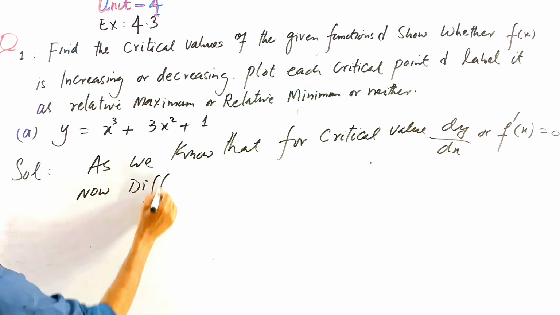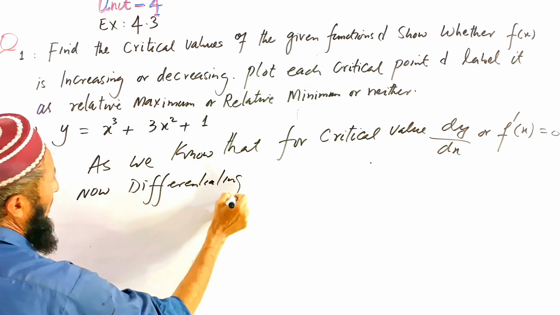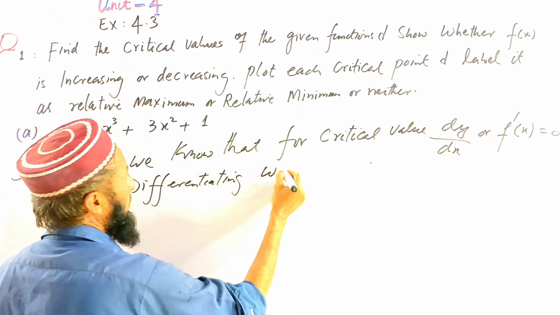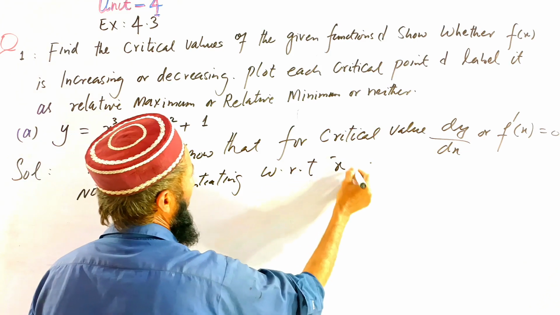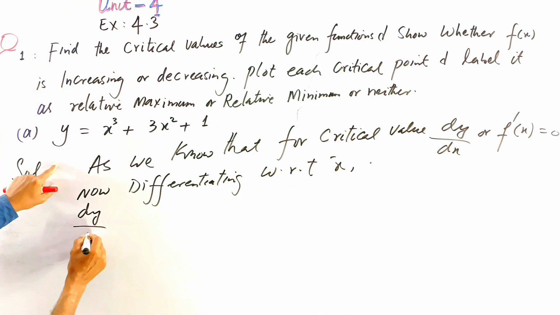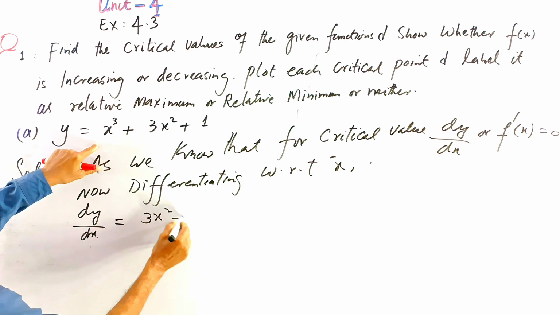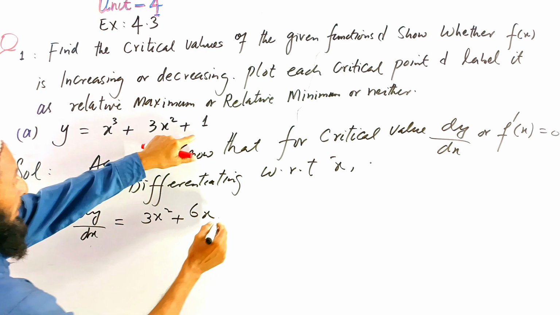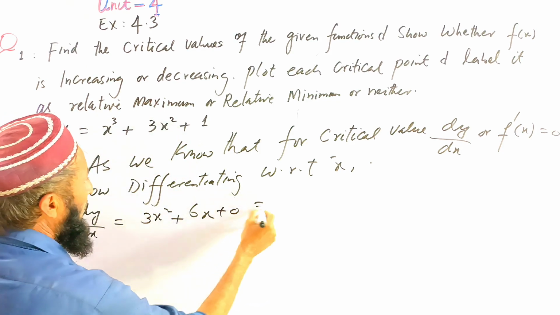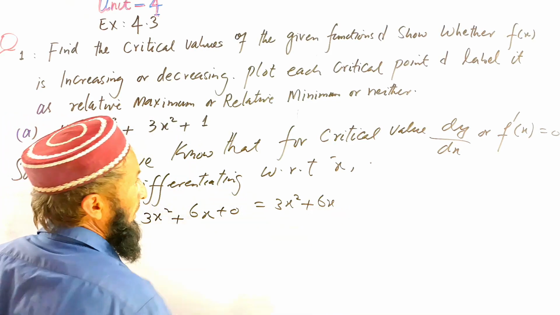Differentiating with respect to x of the above function, dy by dx is equal to 3x square plus 6x plus the derivative of the constant, which is 0. So we get 3x square plus 6x.